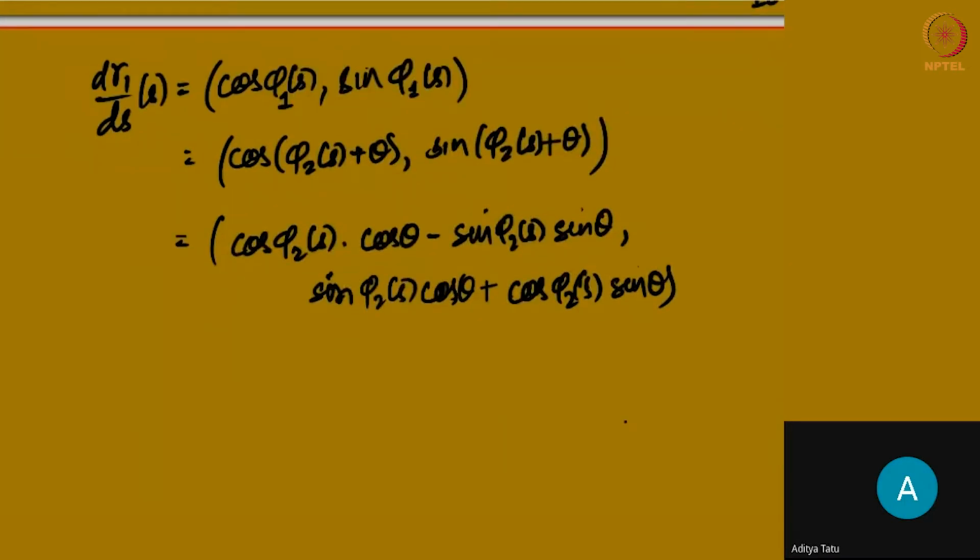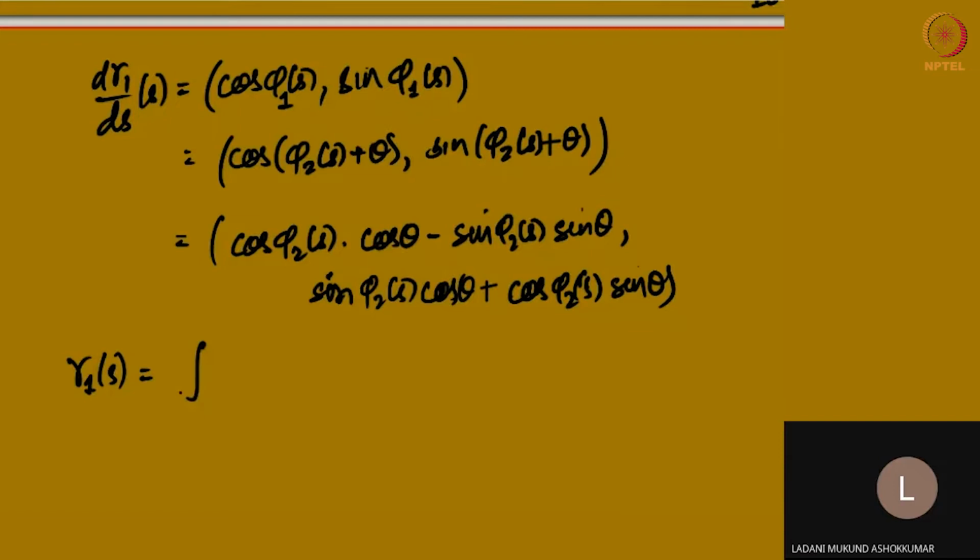Right. Now we have d gamma 1 by ds on the left hand side. So what is gamma 1 of s going to be? Because gamma 1 is the curve, right? How do I find gamma 1 given its derivative? Integrating. Integrate, right?